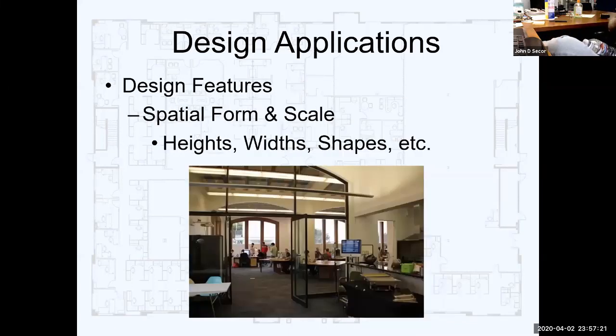All right, so design features. I'm just going to say, if you haven't figured out what design features are about, you should go back to your design studios. These are all things that you should pay attention to. The idea of the form, the scale, the heights, all those physical characteristics, I think you've been introduced to and you're working through now in the various lab classes.